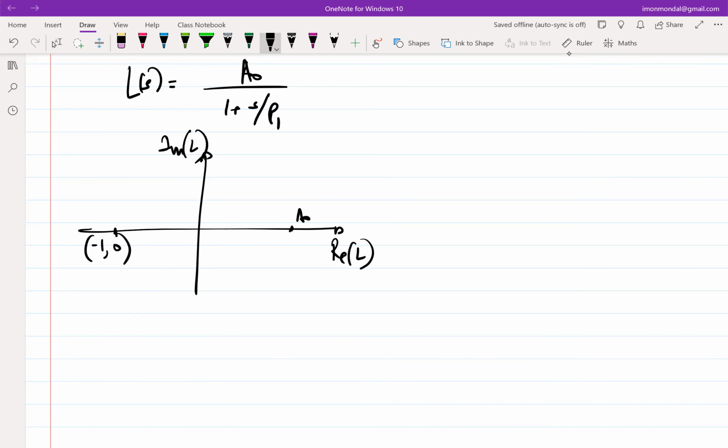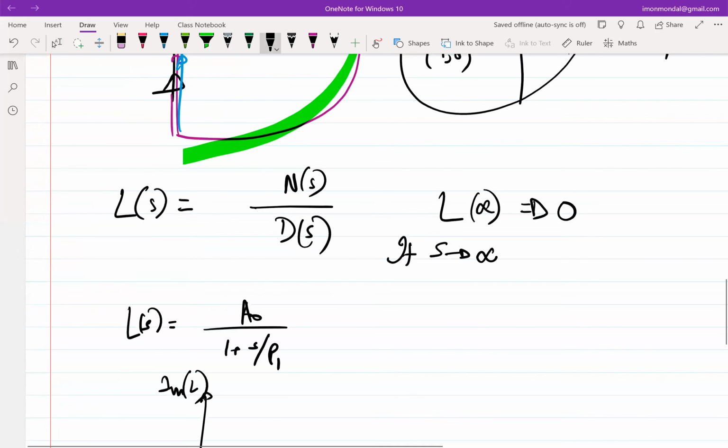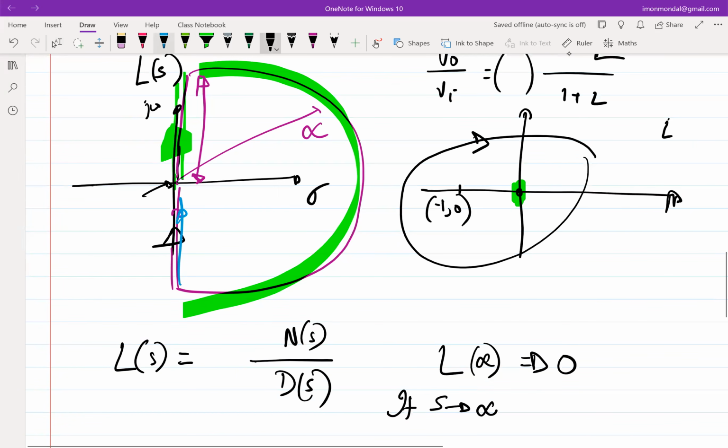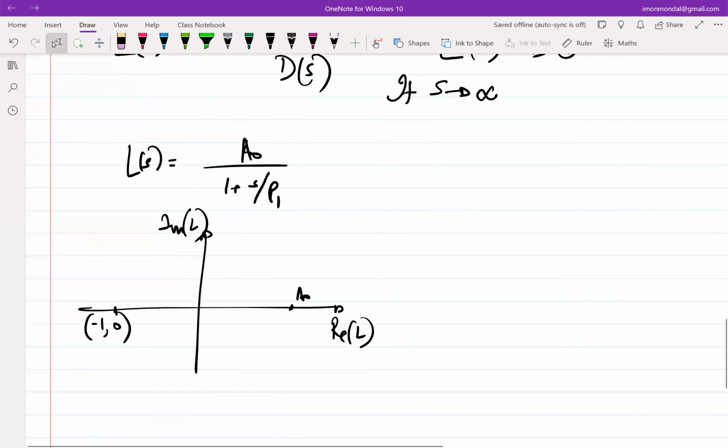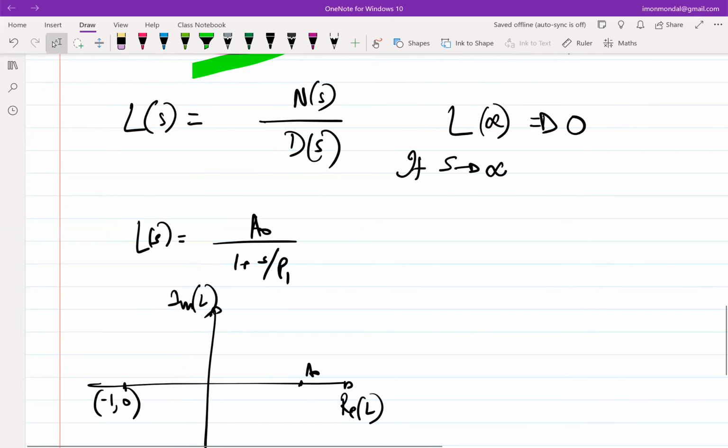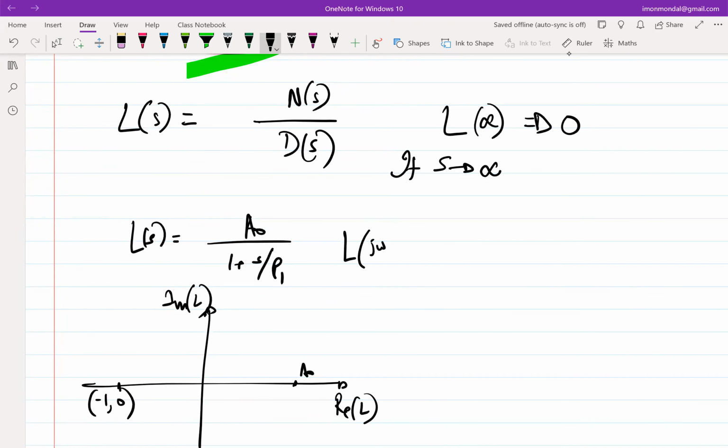Okay. And now I increase the omega. What am I doing? I am going along the j omega axis, right? So in essence, I am always interested in L of j omega. Even though I'm writing L of S, I am interested in L of j omega, which is A0 by 1 plus j omega by P1.